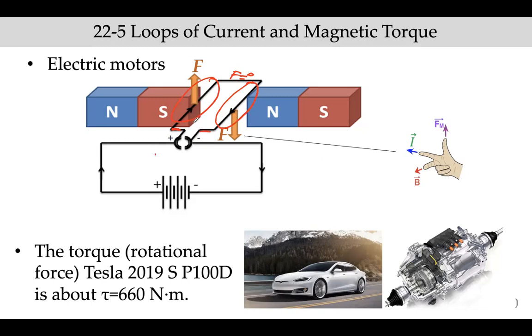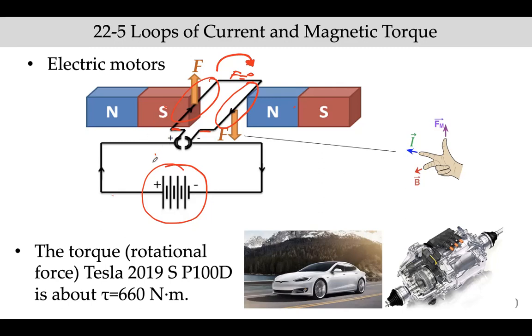Well, this will turn, right? This coil will turn in this direction. So what do you get? You have a battery, a potential source that creates current, and you have a constant magnetic field created by these magnets. And by these, what you build is an electric motor, which turns, in this case, in this direction.